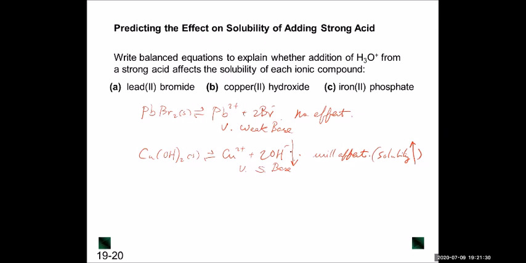The reaction will cause the loss of the product ions, keeping the equilibrium shifting right. So that depends on whether the dissociated ion is a strong base or weak base.